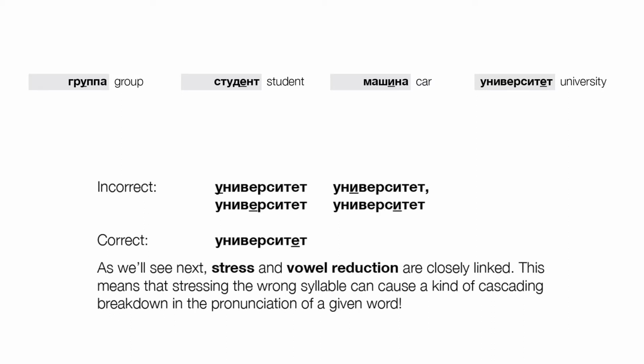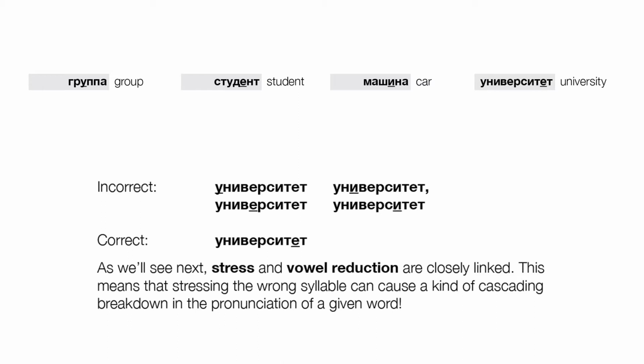Группа, студент, студент, right? Not student, студент. Машина, machina, right? Not machina and not machina. Machina. And finally, here's a relatively long word, universitet.